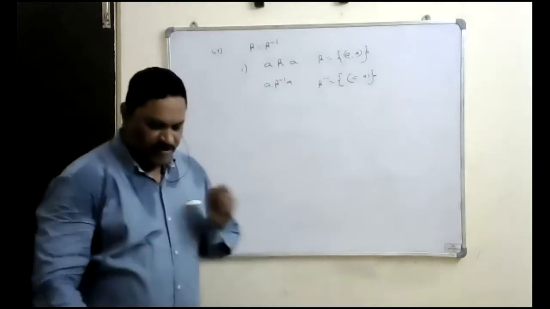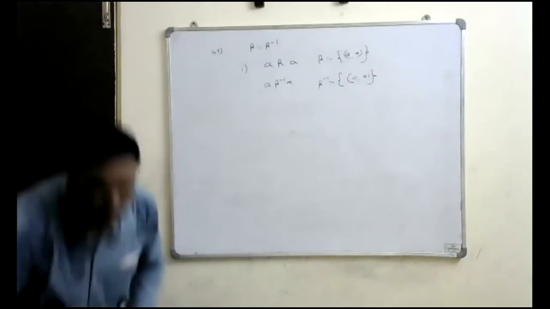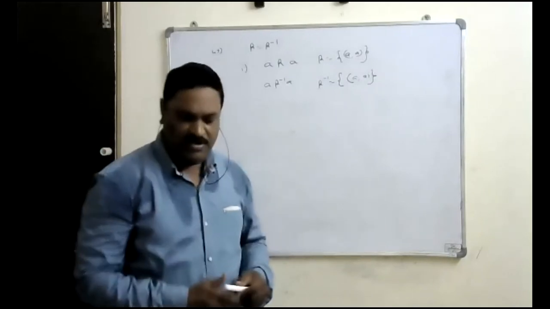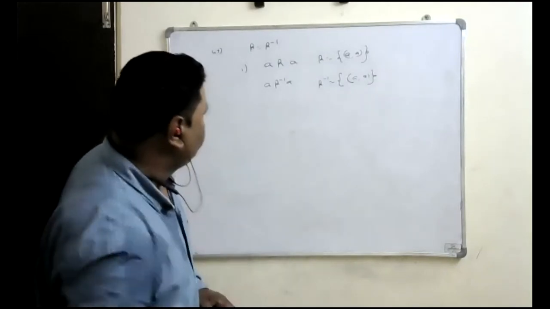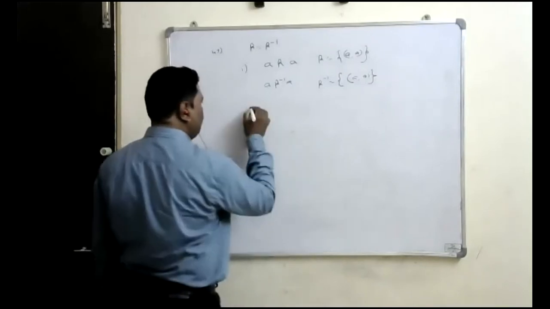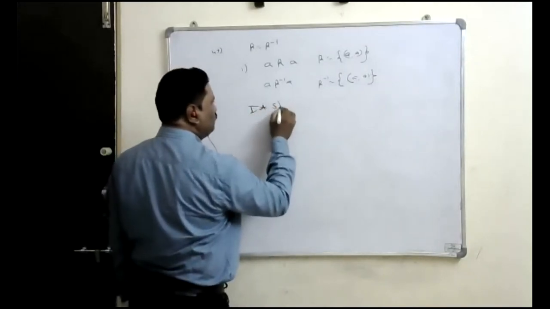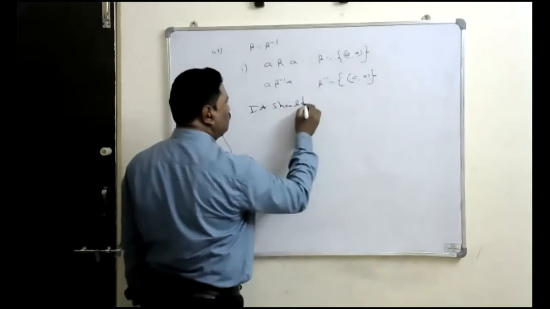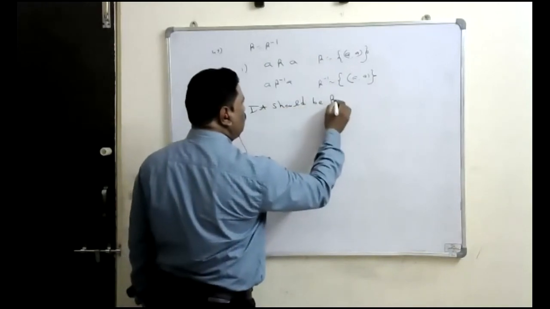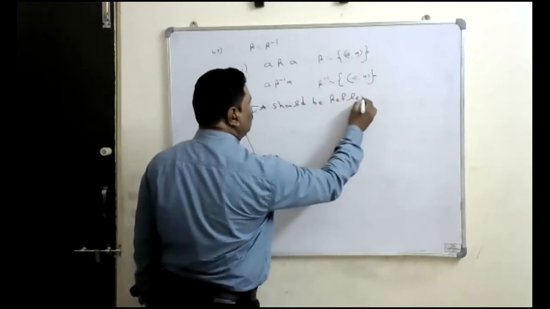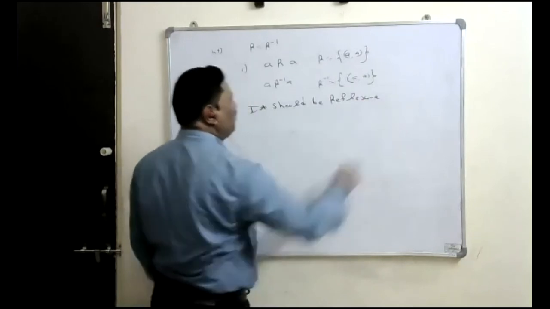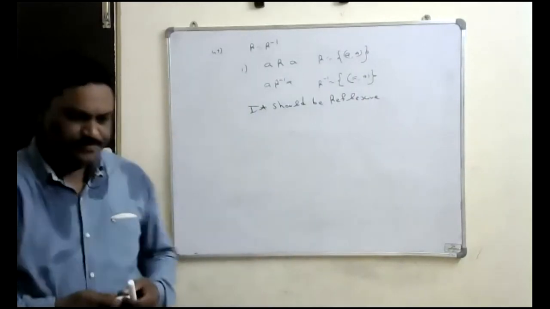That's why if it is a reflexive relation, then R is equal to R inverse. Therefore, the first option is correct. It should be a reflexive relation. That's the answer. Take that.